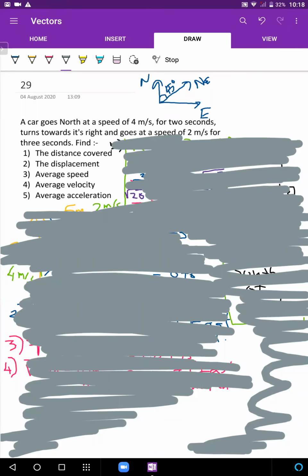Only distance 8/3, that's wrong, but baki every other answer is correct.